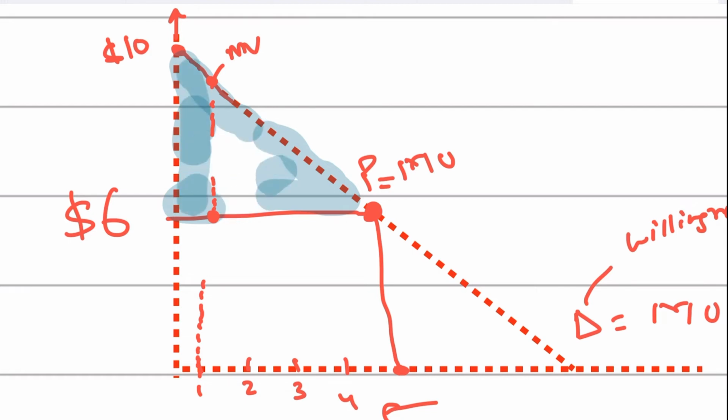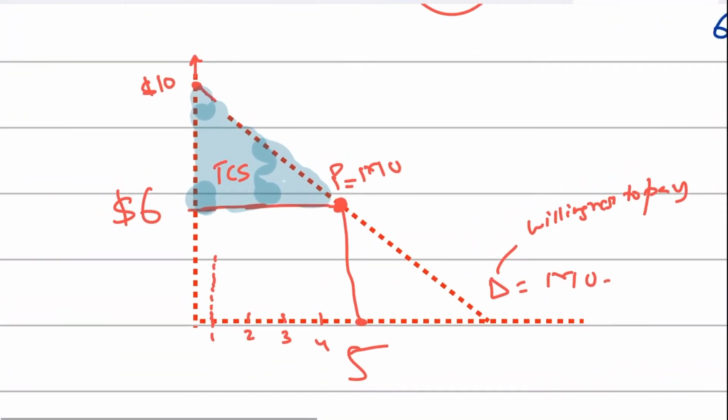Sorry, it's representing my total consumer surplus, right? So the blue shaded area is representing my total consumer surplus. And if I want to calculate it, do you see this shape is a triangle, and the area of a triangle is half times base times height.